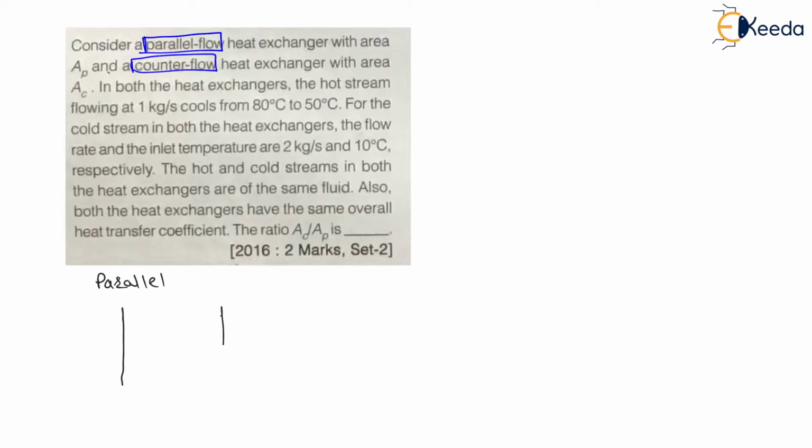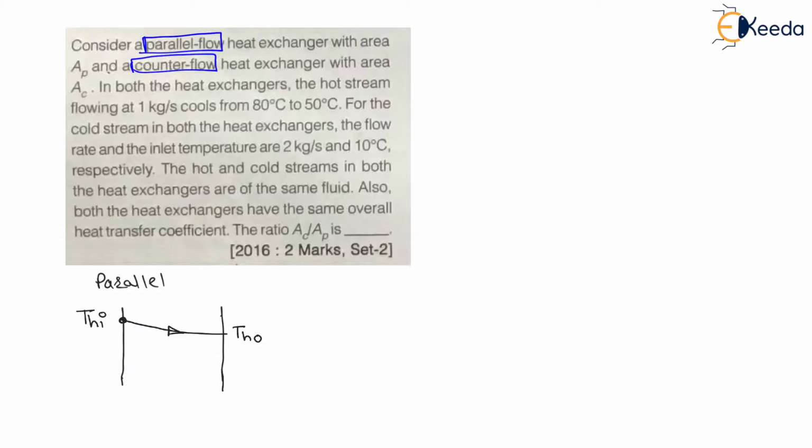Now my dear students, for parallel flow heat exchanger, the entry of hot and cold fluid will be from the same side. Let us say if I select the left side for the entry, therefore here there will be a hot fluid inlet temperature THI, and the hot fluid temperature will go on decreasing in case of parallel flow heat exchanger, and the exit temperature of hot fluid will be THO.